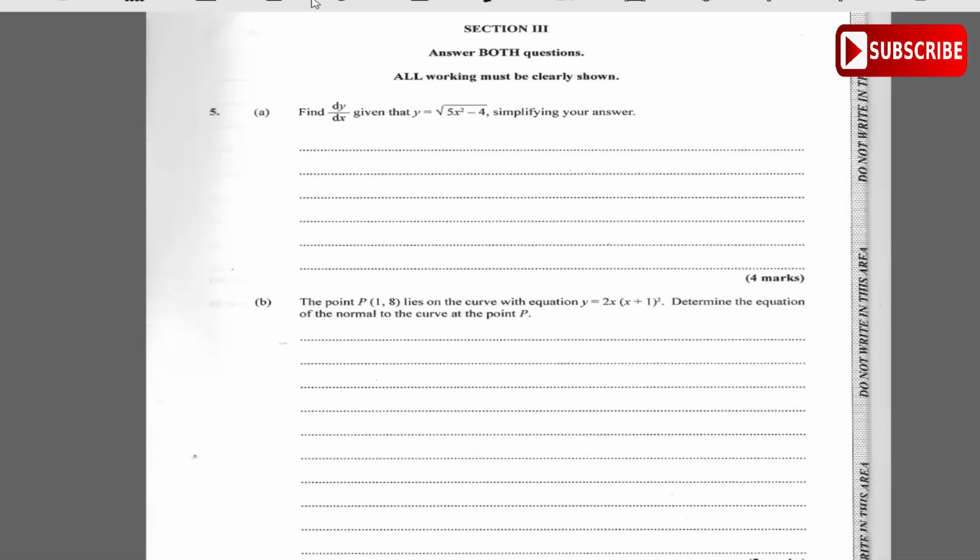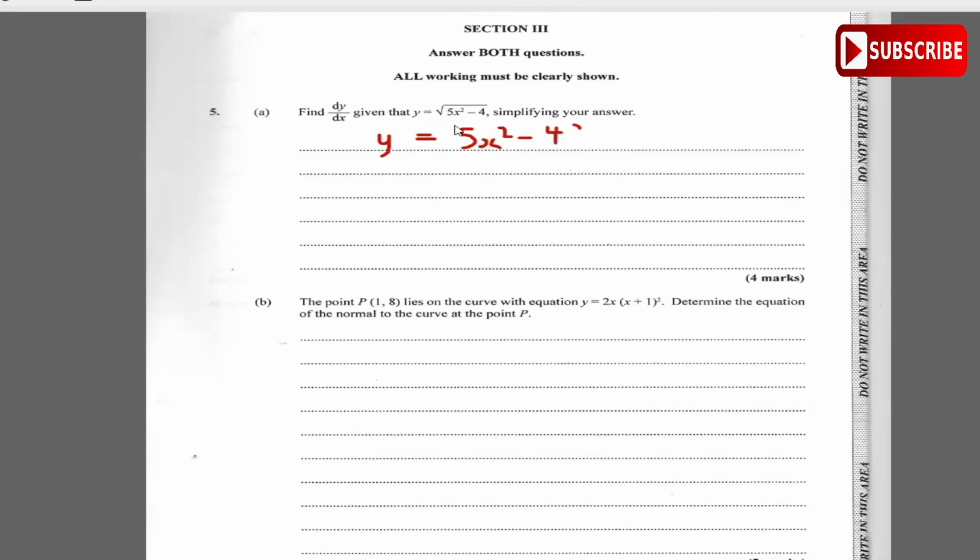Now, to do this differentiation, you have to rewrite it as 5x squared minus 4, raised to the half power.